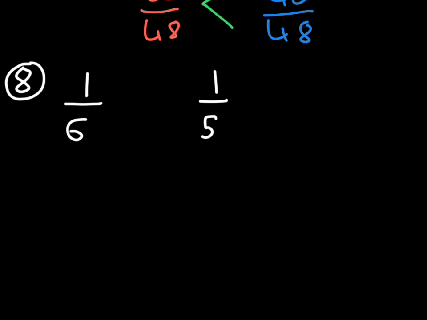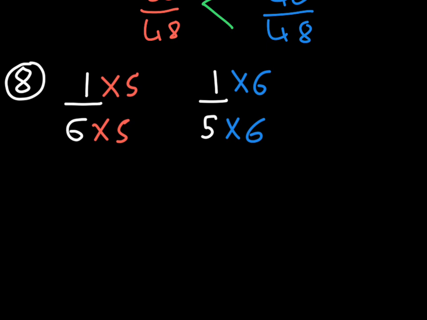So we multiply these two by the denominator of the other fraction, which is 5, and we multiply this fraction, both the numerator and the denominator, by the denominator of the other fraction, so we multiply by 6.